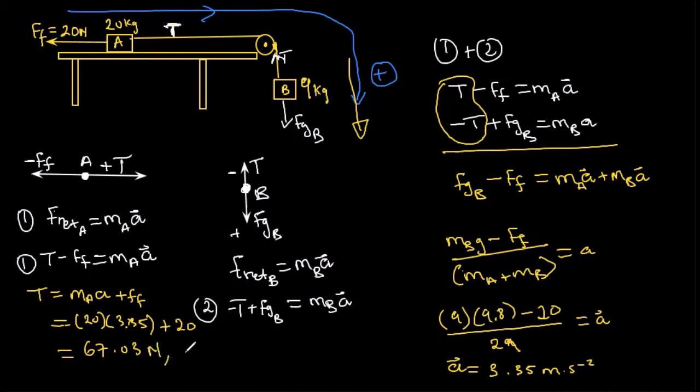And obviously for A, tension is to the right. And that's how you deal with it when one object is on the surface and one object is hanging.